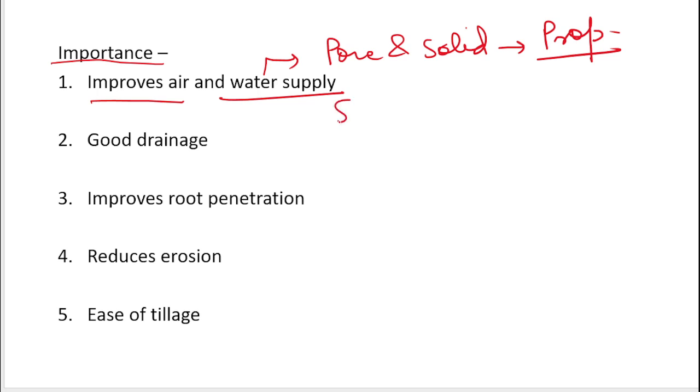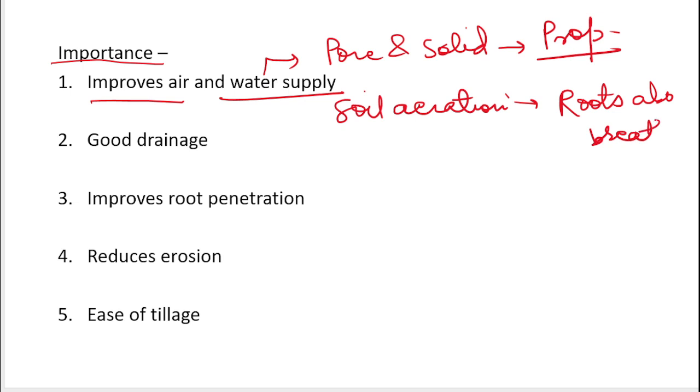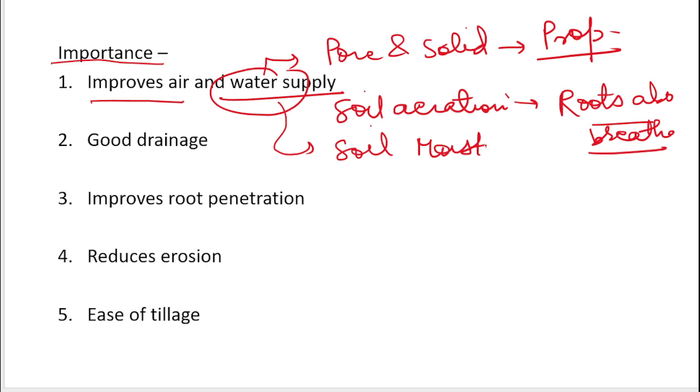We all know soil aeration is very important because roots also breathe, roots also need air for many purposes. Water supply, if pore space is clear, will have good soil moisture there. It affects soil moisture. So a good soil structure improves air and water supply. तो अगर अच्छे से वाटर और एयर सप्लाई रहेगी तो क्रॉप प्रोडक्शन ऑब्वियसली अच्छा होगा.